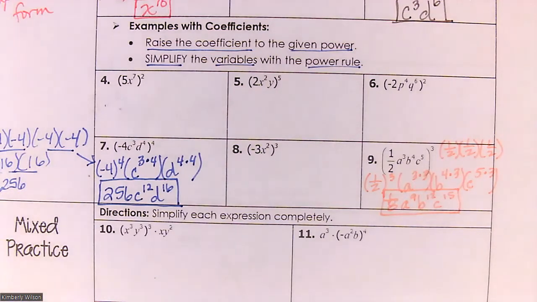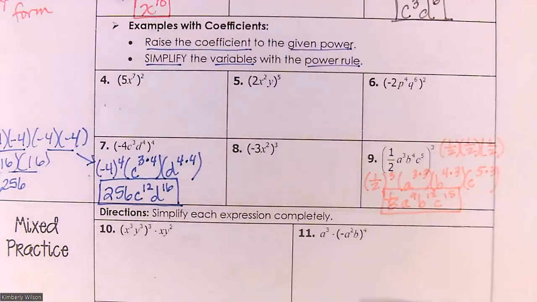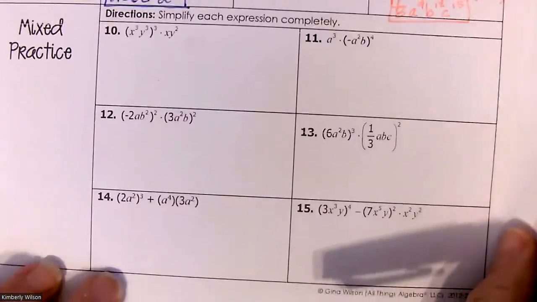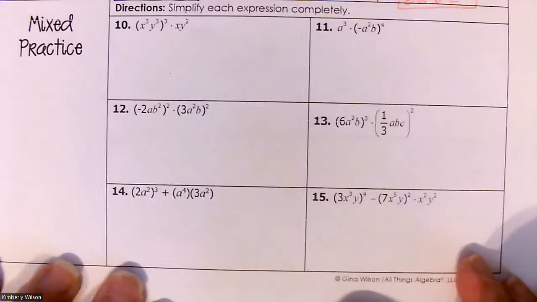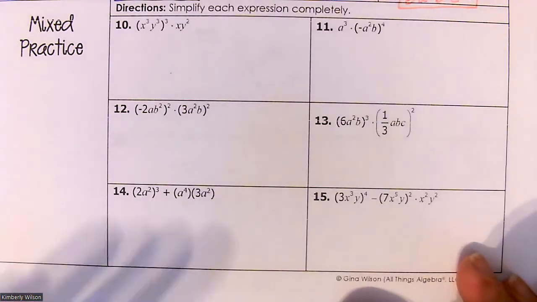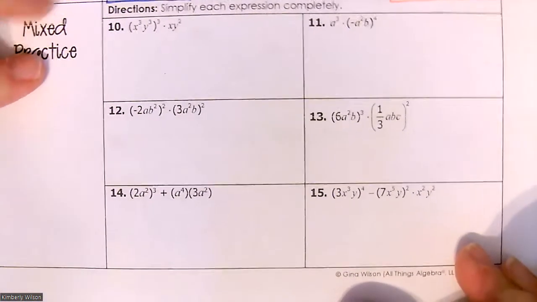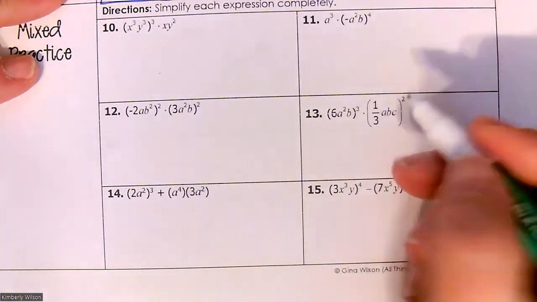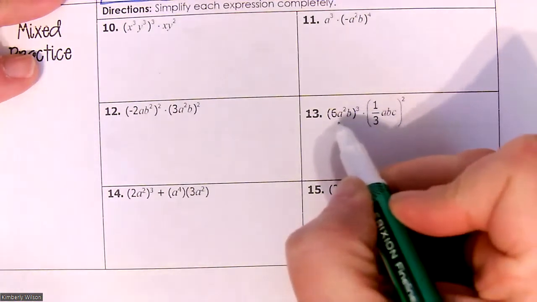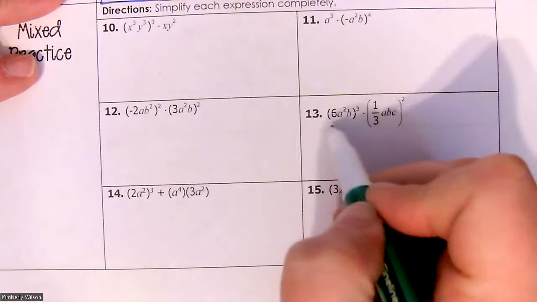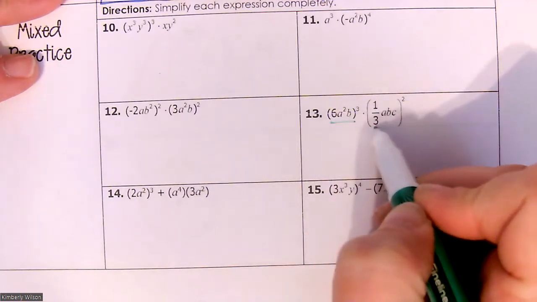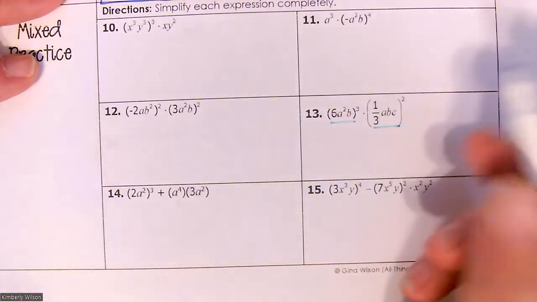Here we go. Jumping down to where this is a mixed practice of the rule we learned today and the rule we learned in 6-1. Okay, we're looking at number 13. I've got to simplify each factor first. So I'm going to simplify this, and then we multiply them together.